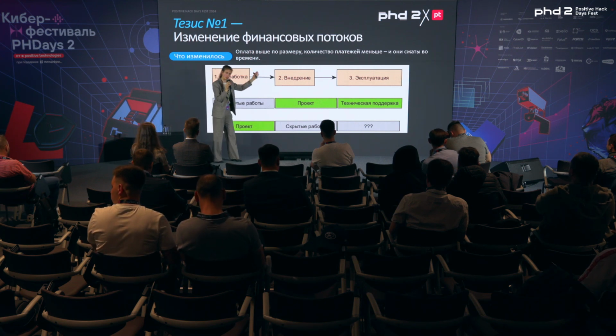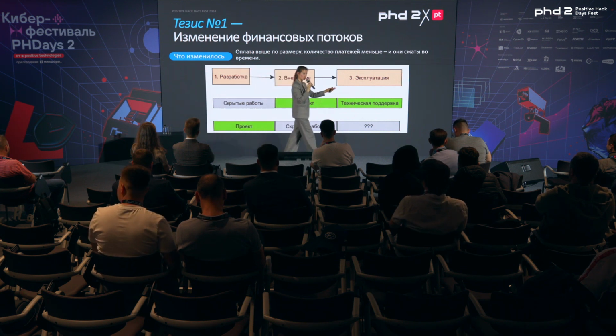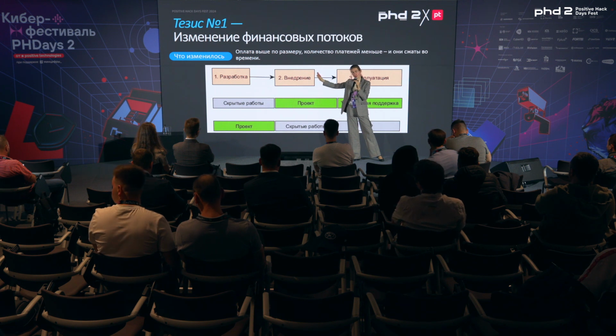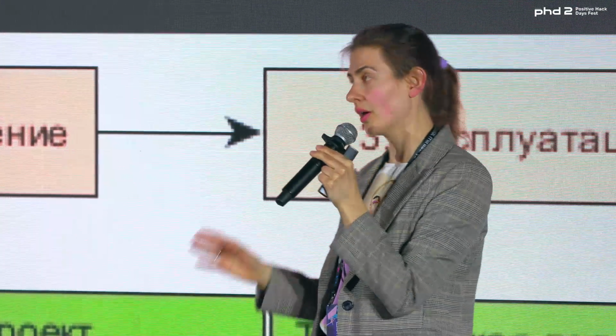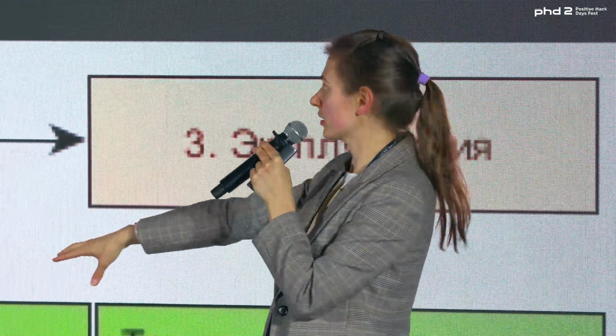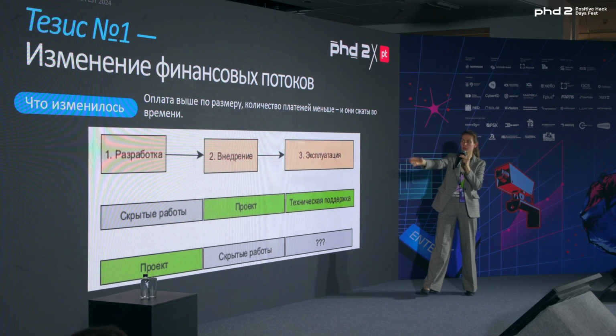These software and hardware complexes will be supplied just once. There will be no classic tech support, but the clients still need a service, and the main volume of investments will be right there, just before the client buys it. So there is a change of financial flows. The payment is higher, but the number of payments is smaller and they are squeezed in time.